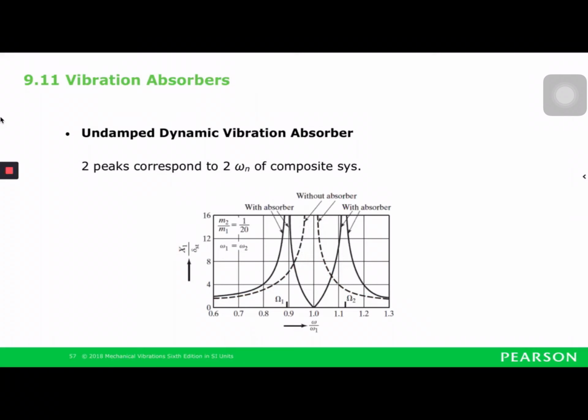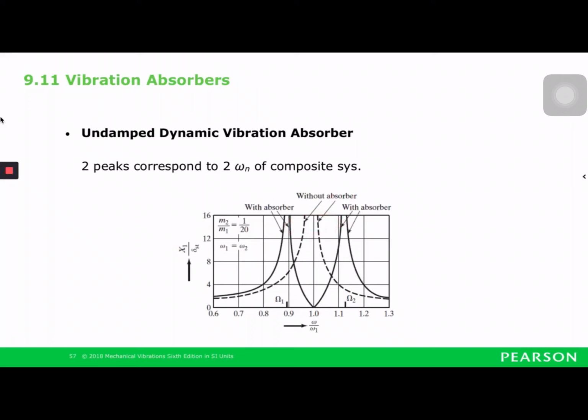Okay, so without the absorber, it has one natural frequency. For example, here the natural frequency is at a ratio of omega over omega 1 of 1.0, right? If we introduce a vibration absorber, it creates two natural frequencies which are outside the range of the original natural frequency.